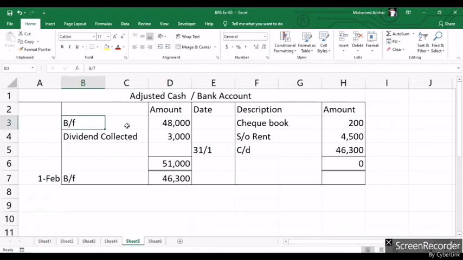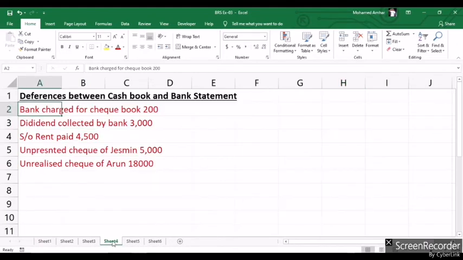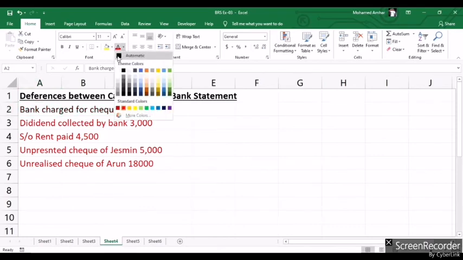Right, first take this as brought forward balance. Now you have to adjust this balance because we have taken a checkbook. So from this 48,000, the checkbook amount 200 should be deducted. So that should be done in the adjusted cash book. Right. So one error is now corrected. So this is okay. So I will change its color.